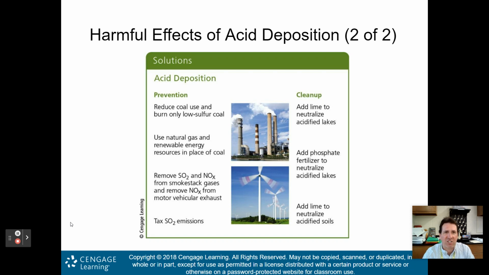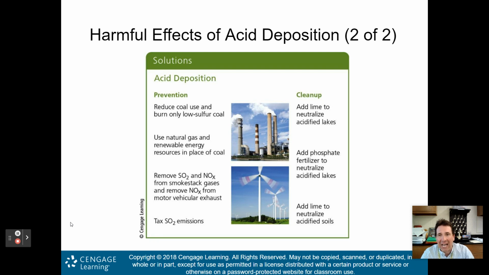One of our favorite charts: acid deposition, right? Prevention: reduce coal use, burn only low sulfur coal. Use natural gas and renewable energy where you can. Remove the sulfur dioxide and nitrates from the smokestack gases before they get out into the air, and tax those emissions as well, right?